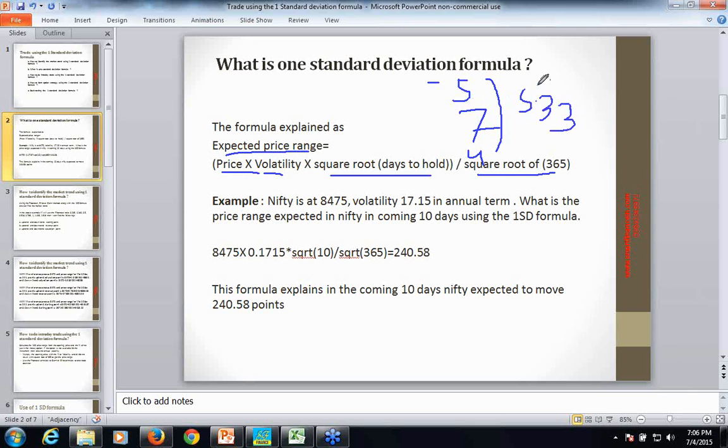Whenever I subtract it from each value, my deviation is 5 minus 5.33, so in the first data I have negative 0.33. Second data, I have 7 minus 5.33, which comes to positive 1.67.